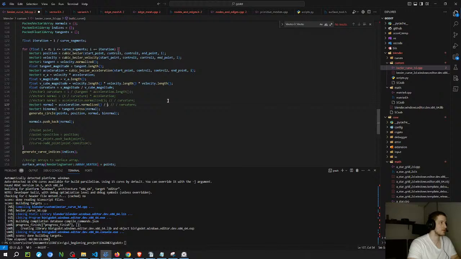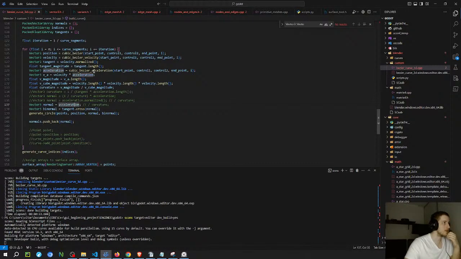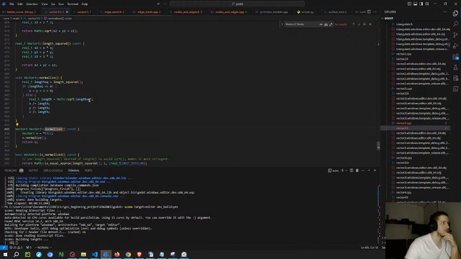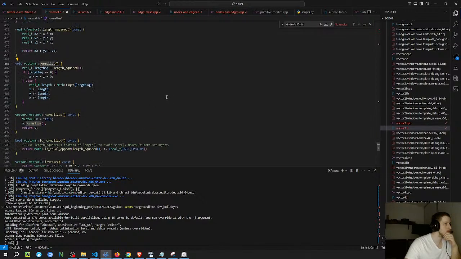Let's see. Because this is already. So let me just do acceleration, see what happens. I don't think it's gonna work. But I think that the normalized is already dividing by the length. This might be an issue as well.